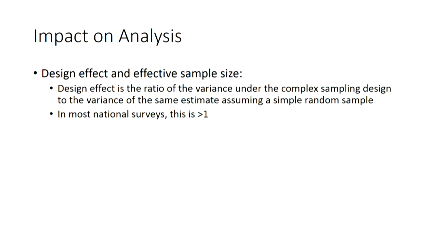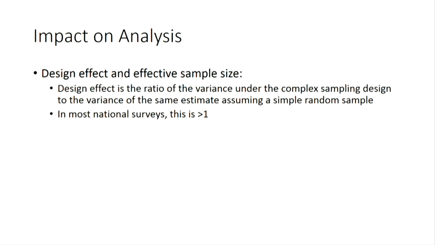As you read the documentation for the national and subnational surveys, you might see terms like design effect and effective sample size. A design effect is basically the ratio of the variance of a particular estimate calculated incorporating the information available to you under the complex sampling design, meaning you incorporate the clustering information and the sampling weight information when you produce your estimate of the variance, to the variance assuming that the data were collected using a more traditional simple random sample.